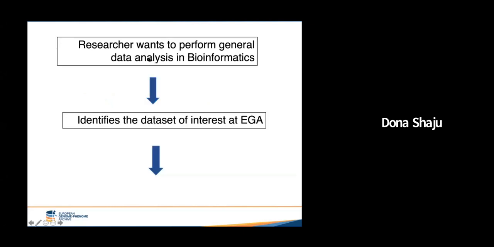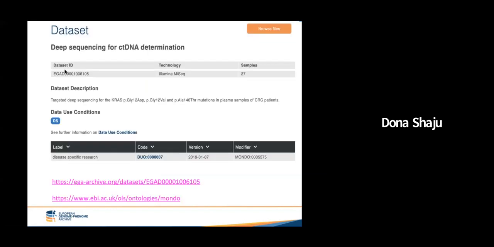So suppose I'm a researcher and I want to perform general data analysis in bioinformatics. So I search in EGA and I find my data set of interest at EGA. So this is the data set that I found in EGA, and I found this data set interesting. So let's just go to the data set link at EGA.